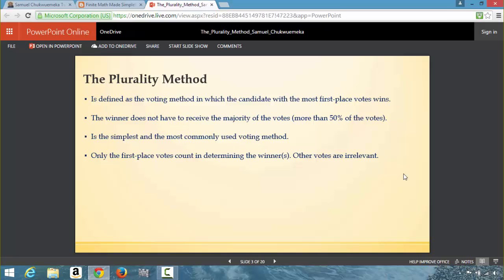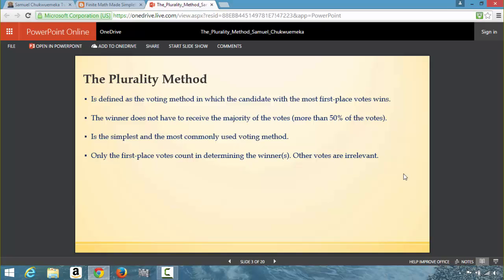Other votes are irrelevant. In this plurality method, we are just looking at the candidates. If it is a ranked election, then we are looking at the candidates that were ranked first. Only those candidates ranked first matter.